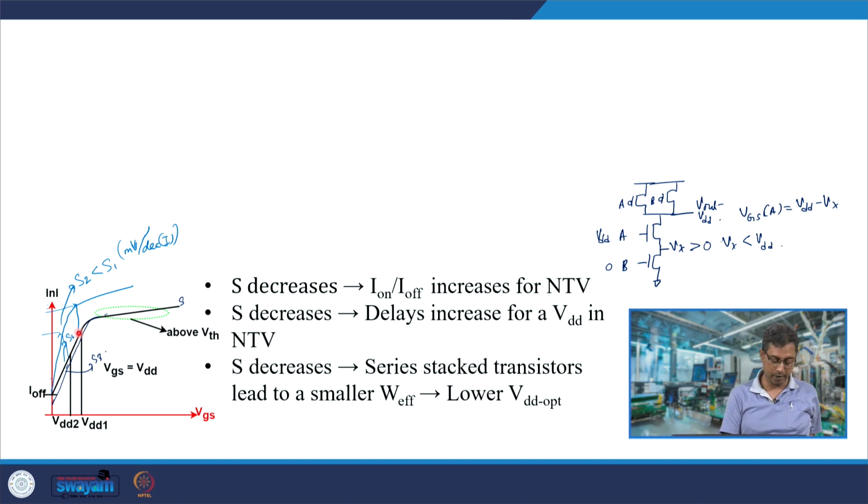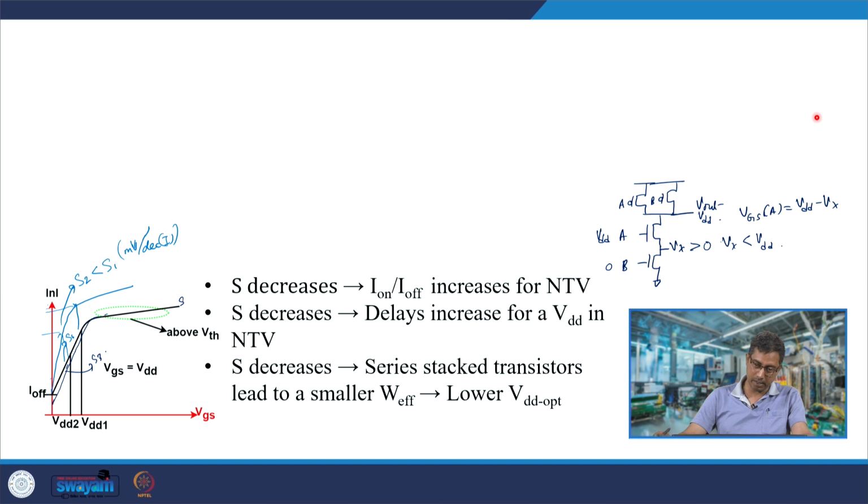Okay. So, for VDD this is the current, and for a smaller value, this is the exponentially reduced current. The current changes exponentially with VGS, so since its VGS is smaller, the current would be exponentially smaller.